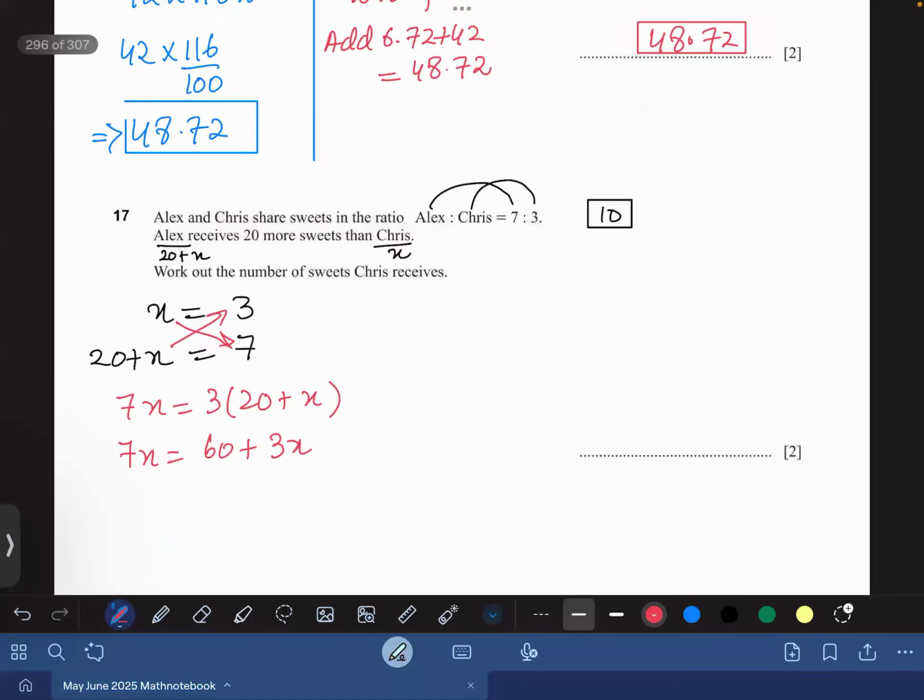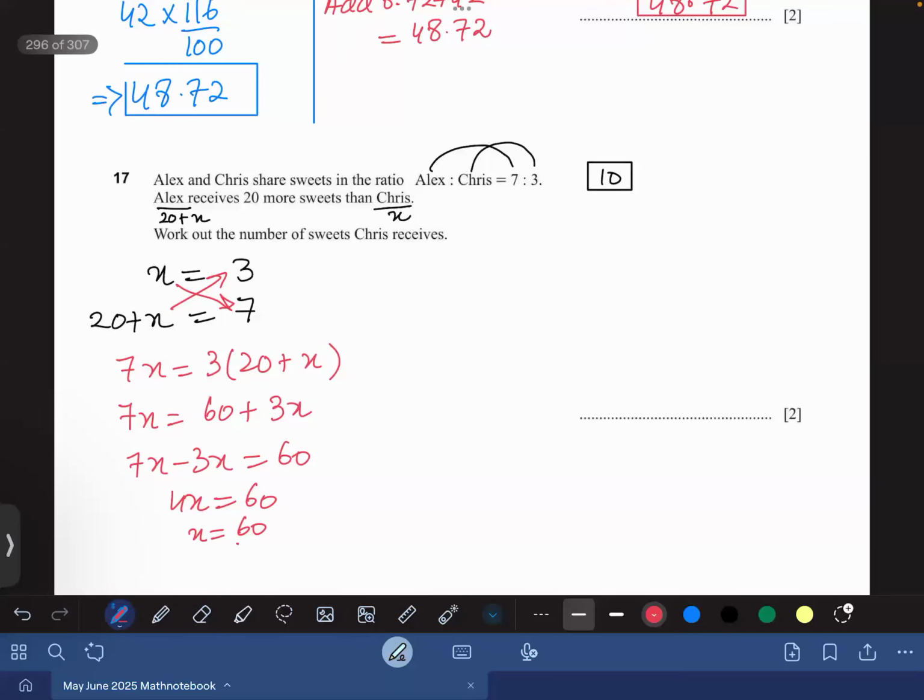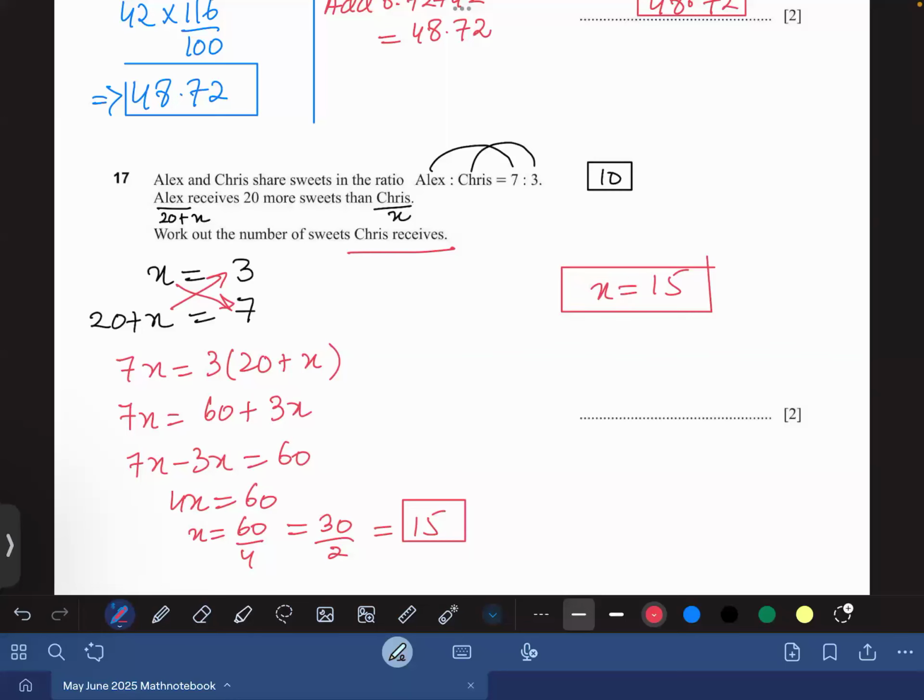So it would be 7x minus 3x is equals to 60. So 4x is equals to 60. X is equals to 60 divided by 4. Use table 2. 30 by 2. The answer is 15. And the value of x is 15, and Chris was x, which is 15. So my answer on the answer line would be 15.